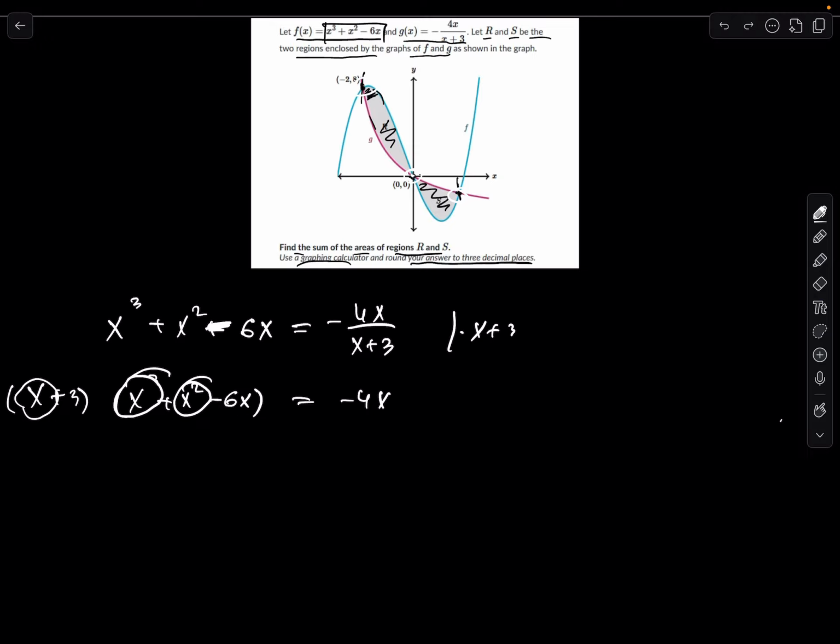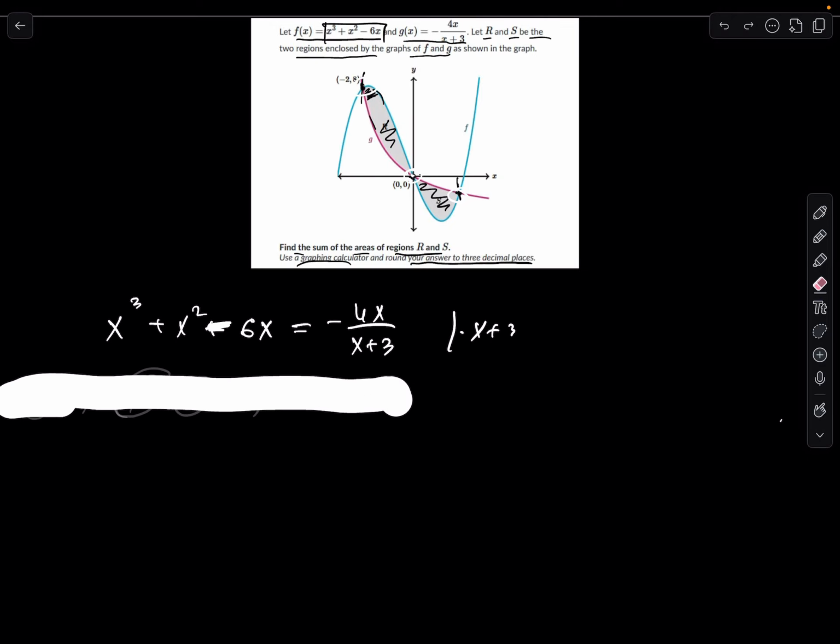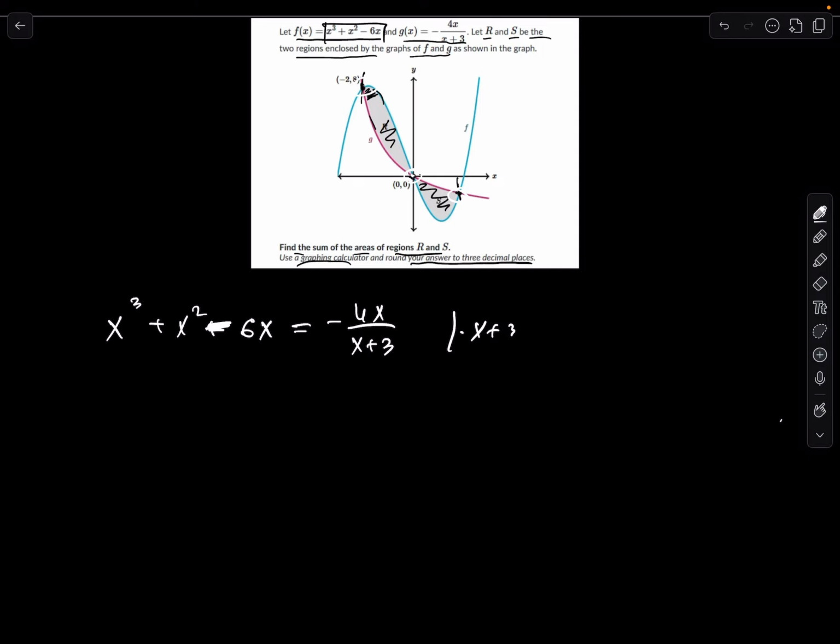It's basically too complicated. That's why they're telling us that we can use graphing calculators, but here we're going to use the graphing calculator only to find this x value so that we know what the bound of integration should be. Well, first of all, let's try to understand what mathematical expression we need to evaluate in order to get this question correct.